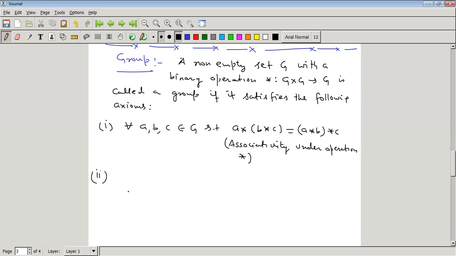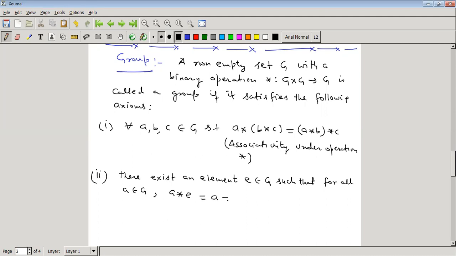Second, there exists an element e belongs to G such that for all a belongs to G, a star e is equal to a is equal to e star a.